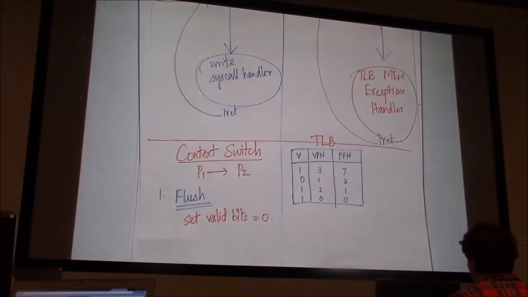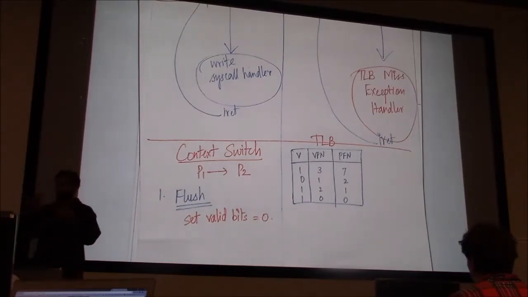This is one of the reasons why the valid bit can be set to 0.